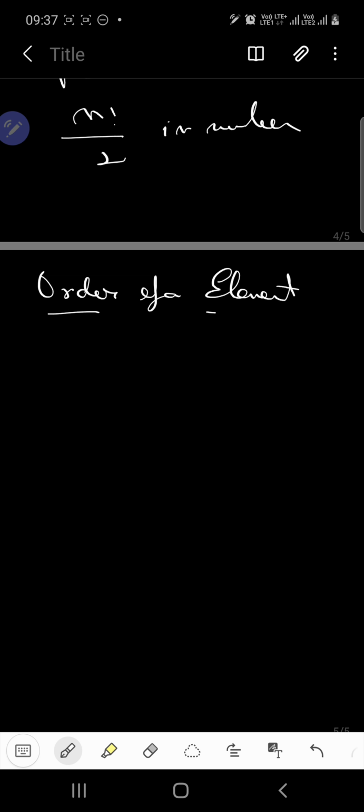Now next we move to the order of an element. This is pretty easy to understand.